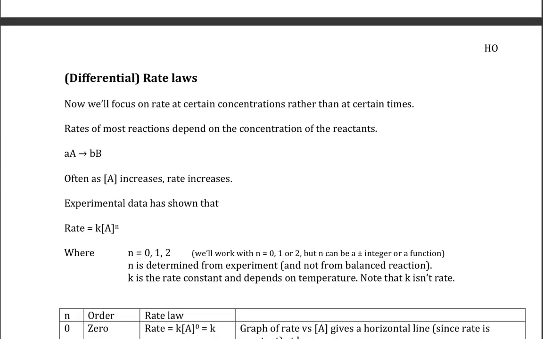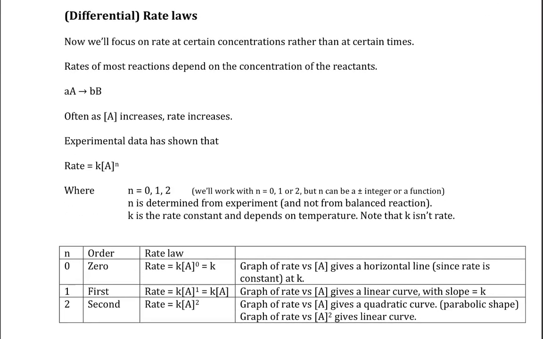Okay, our next section is the differential rate laws, which are often referred to simply as the rate laws. That's why I put differential in parentheses. So now we will focus on rate at certain concentrations rather than at certain times. Rates of most reactions depend on the concentration of the reactants.